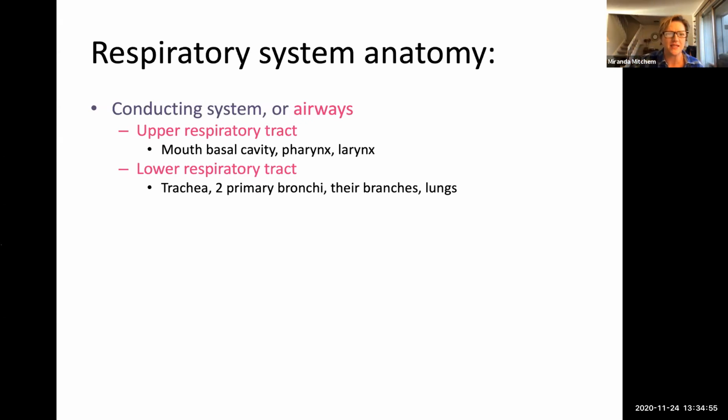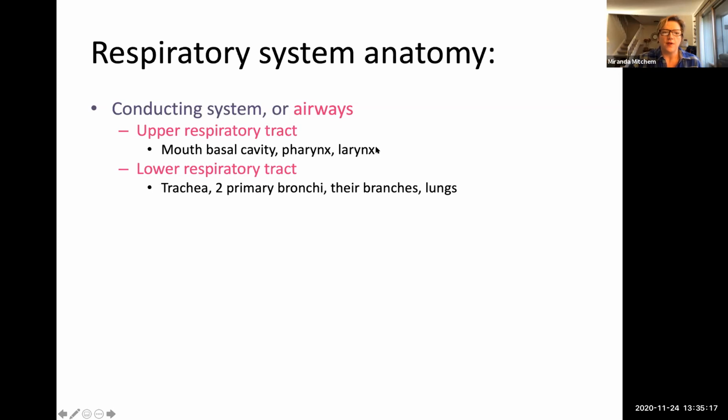We've got our upper respiratory tract versus the lower respiratory tract. Basically the lower tract is from the trachea down, so it involves the lungs themselves and the airways that are associated with the lungs.